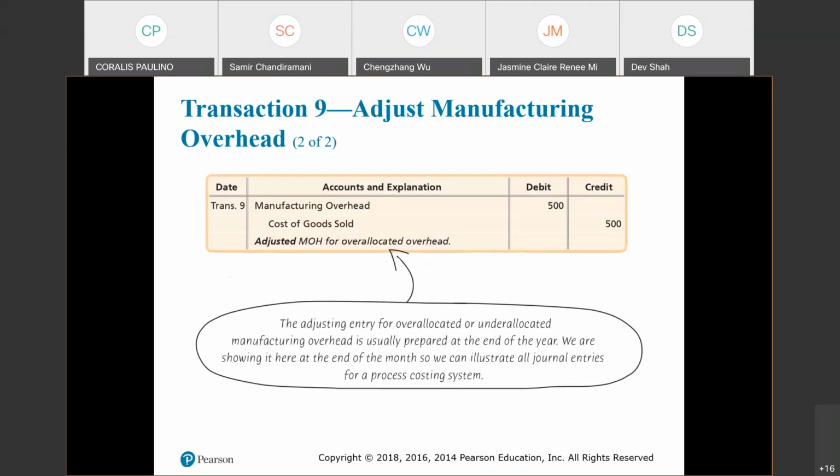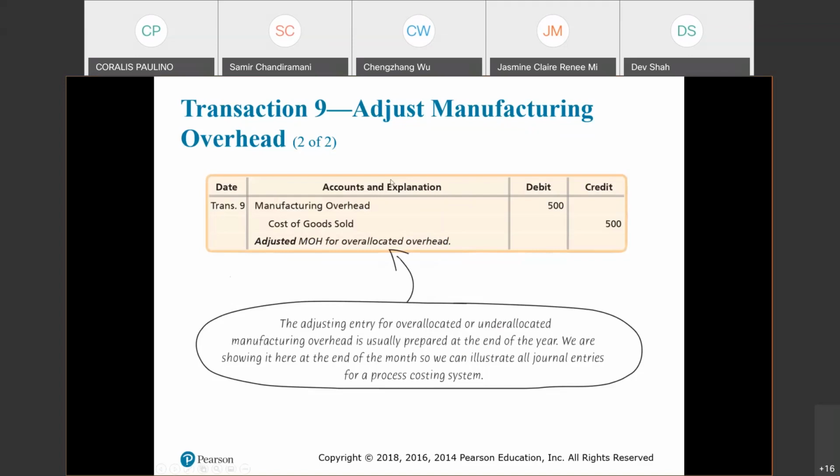We are showing it here at the end of the month, so we can illustrate all journal entries for a process costing system. This means manufacturing overhead is overallocated by $500, requiring an adjustment at the end of the period.